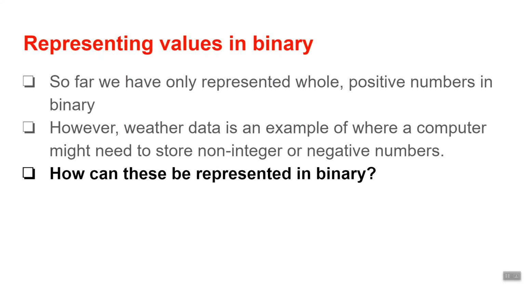But weather data is an example, and there are many other examples, where a computer might need to store numbers which aren't integers, so real numbers, float numbers, or negative numbers. At the moment, we do not know how we can use either non-integers or negative numbers in binary. So we're going to look at a couple of ways in which we can solve this problem.